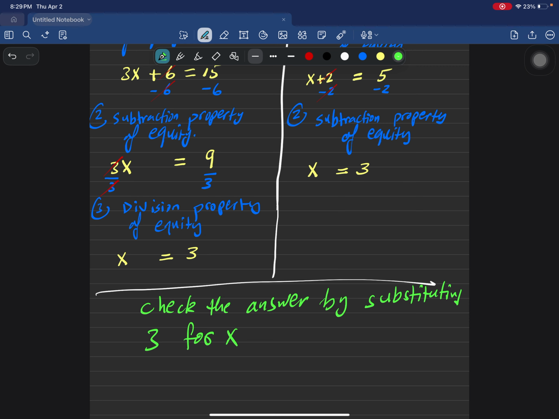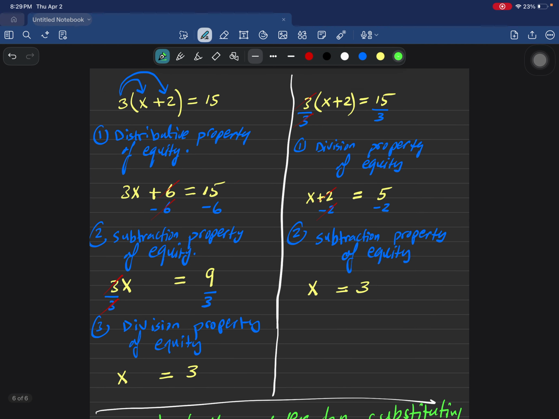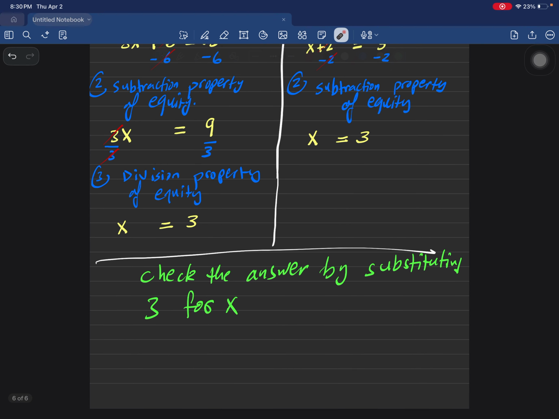So we will take 3x plus 2. So we have 3x plus 2 equal 15.